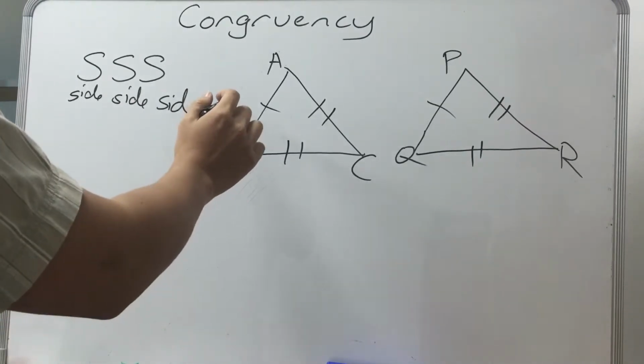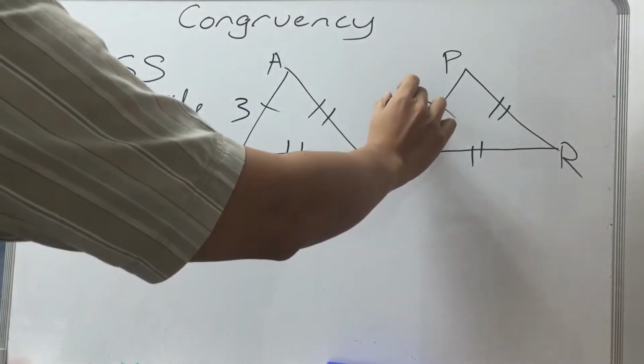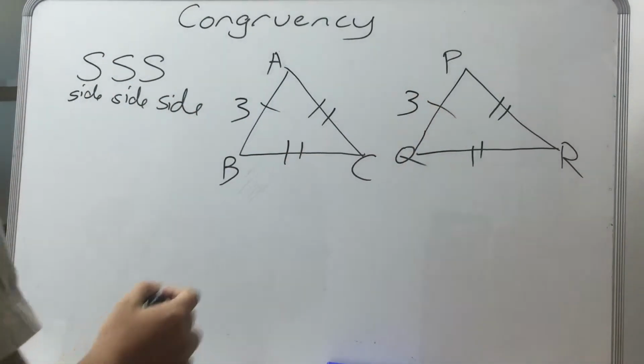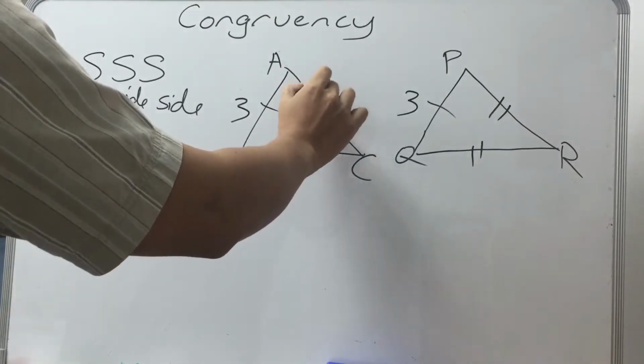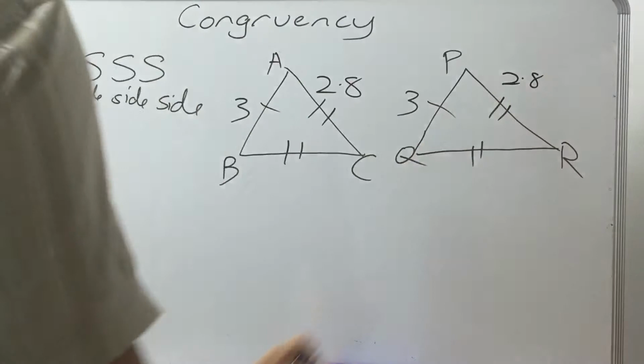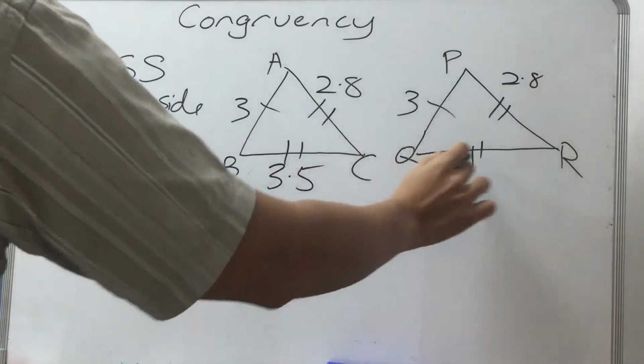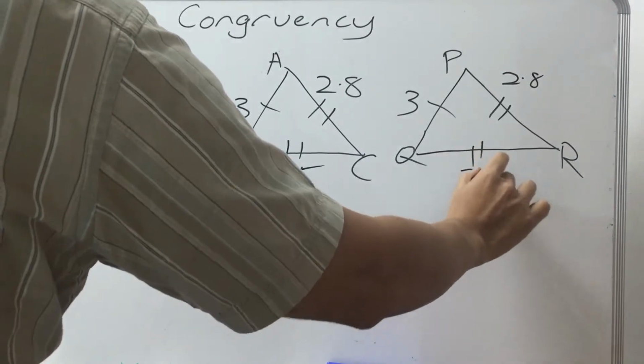For example, AB is 3 cm, PQ is 3 cm also. AC is 2.8 cm and PR is also 2.8 cm. And lastly, BC is 3.5 cm, QR is 3.5 cm.